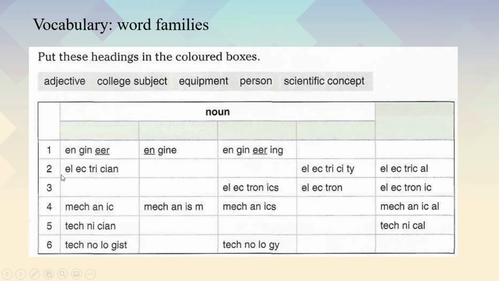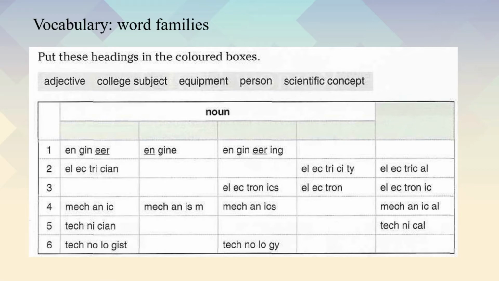Number two, here we have electrician, electricity, and electrical. So this number one here, they all belong to the same word family. And number two here, they will also belong to the same word family. 3, 4, 5, and 6, they all belong to the same word family.